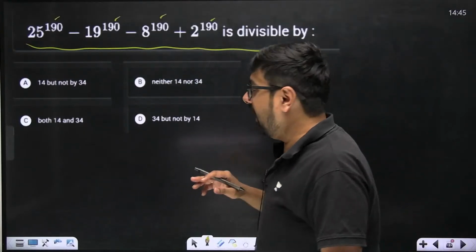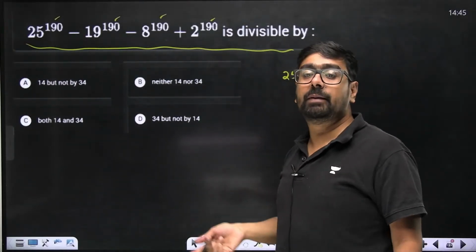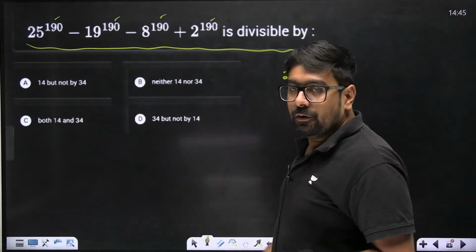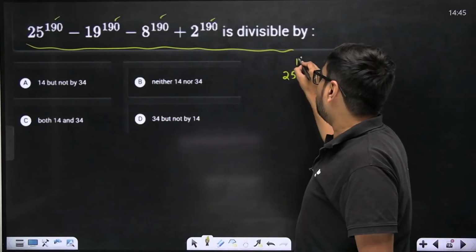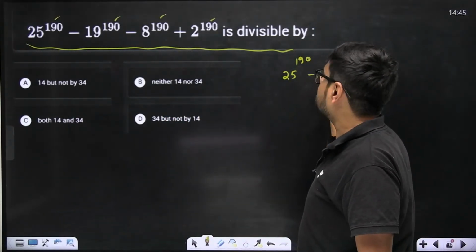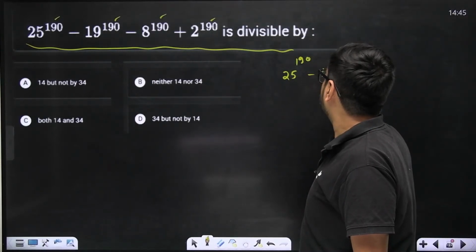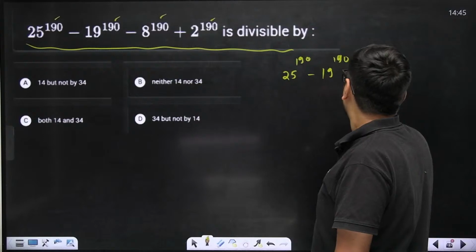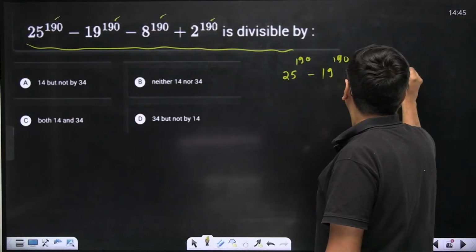And similarly a to the power m plus b to the power m will be divisible by a plus b if m is odd. Here no problem. 25 to the power 190 minus 19 to the power 190. In minus there is no problem. It will always be divisible by 25 minus 19.